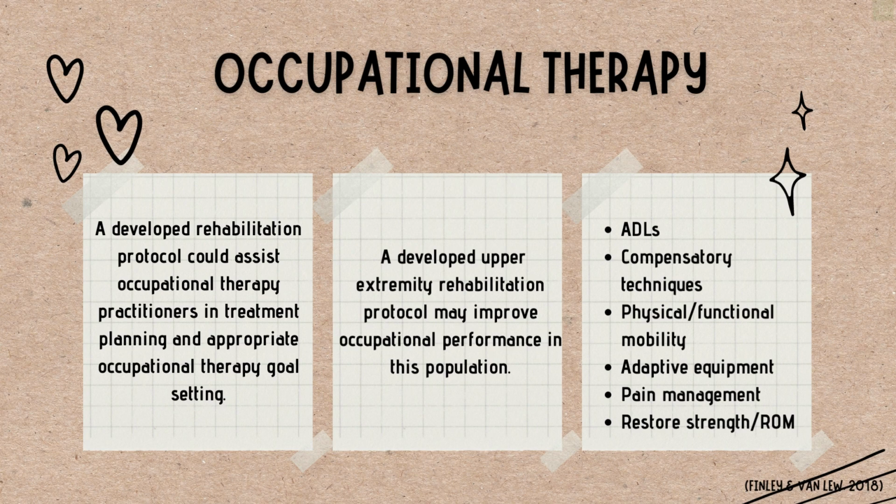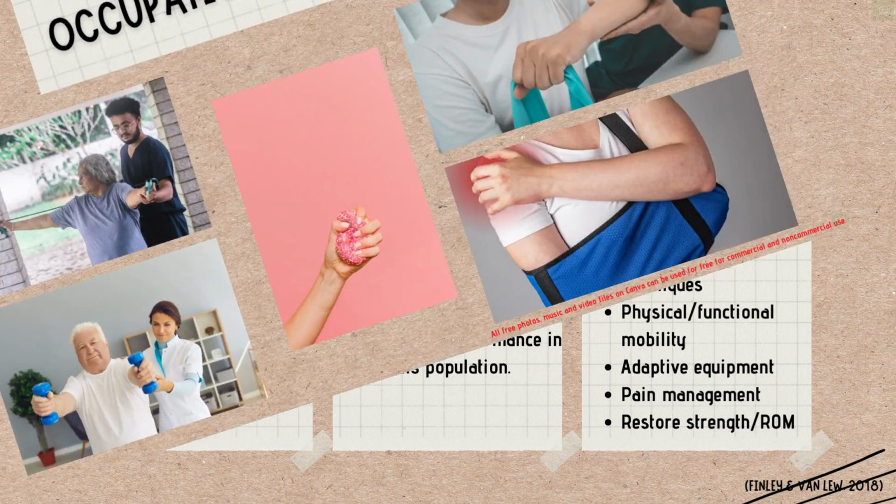However, when trying to identify protocol, research did suggest that there should be a standard protocol across the board for all practitioners to use, and they also stated that maybe an upper extremity rehabilitation protocol could also be used to help treat these upper extremity issues, not only limited to an ORIF.